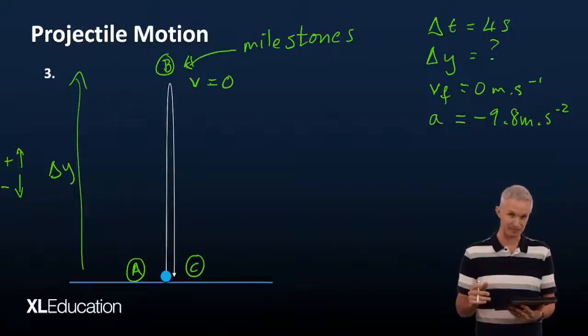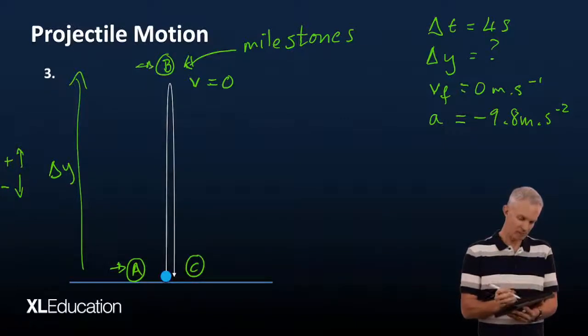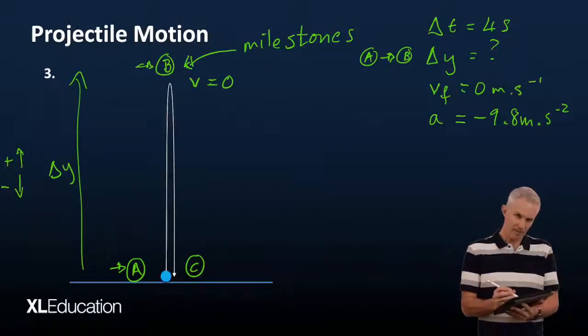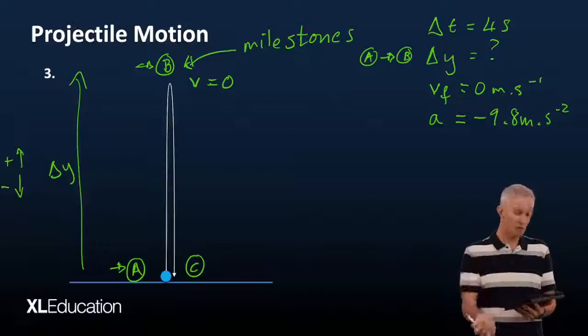Can you see it? What's happened is I'm trying to find delta y. Now delta y is from A to B. I'm just going to put that here just for interest's sake. A to B. The time that the question gave us was from when Kagiso threw it to when he caught it.